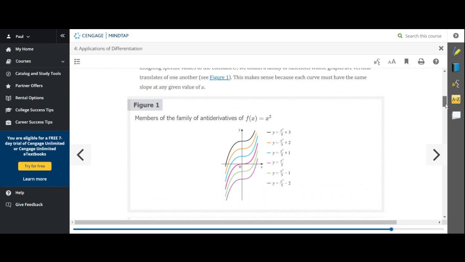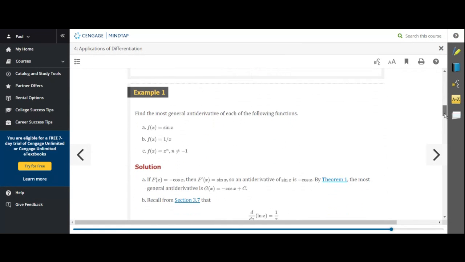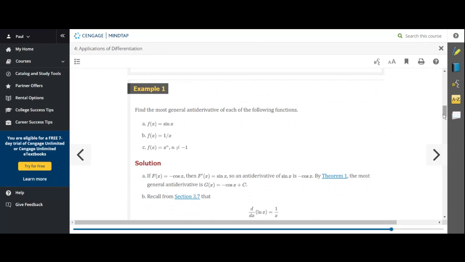In example 1, they say, let's find the most general antiderivative of the following functions. They have a, f of x equals the sine of x, b, f of x equals 1 over x, and c, f of x equals x to the nth power.